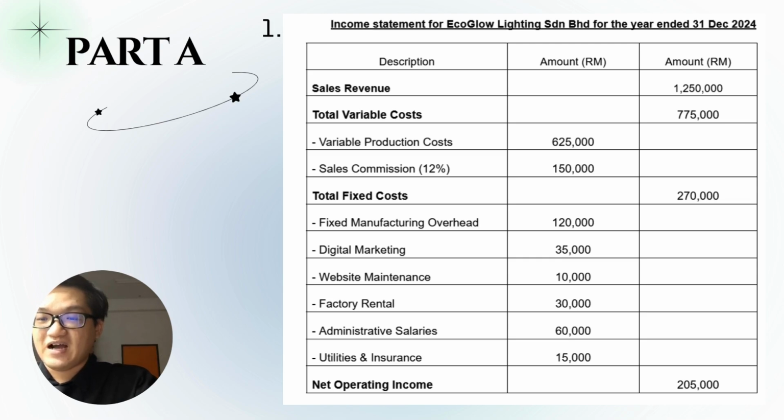For the net operating income, we take the sales revenue minus the total variable cost and total fixed cost, which is 1,250,000 minus 775,000 minus 270,000, and you will get 205,000 as net operating income.